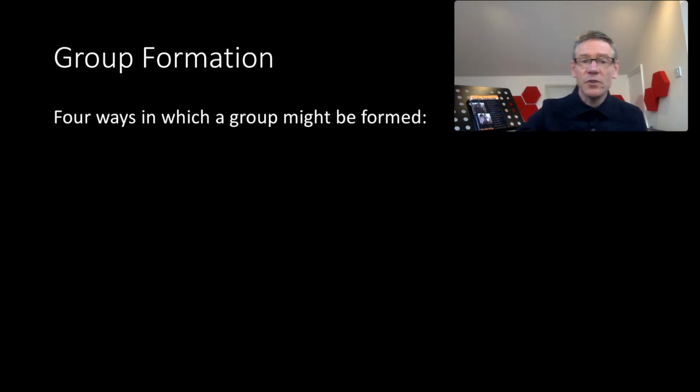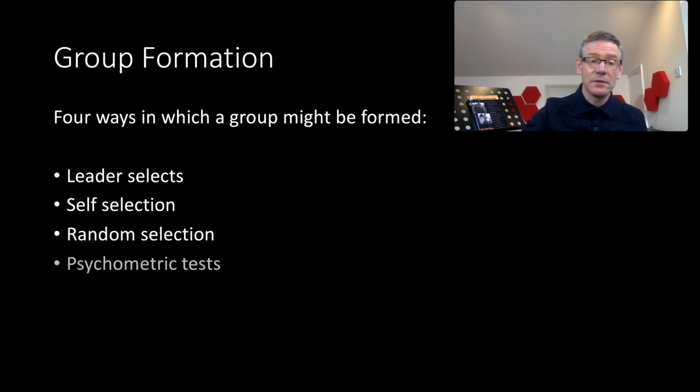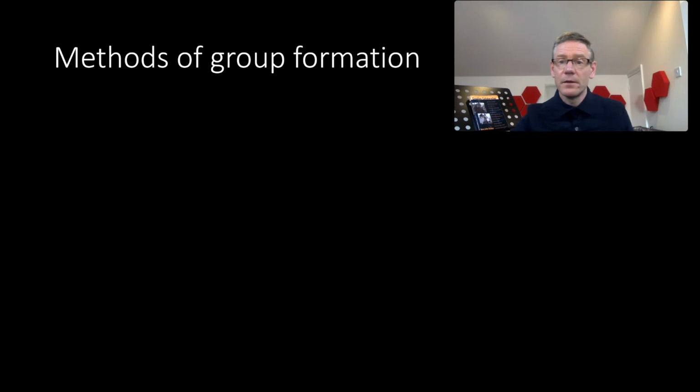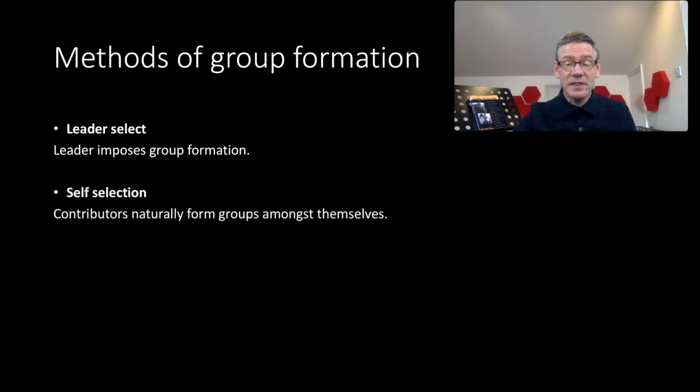So 4 ways in which a group might be formed: leader selects, self-selection, random selection, and psychometric testing. When the leader selects, then the leader imposes the group formation. They choose. Self-selection.